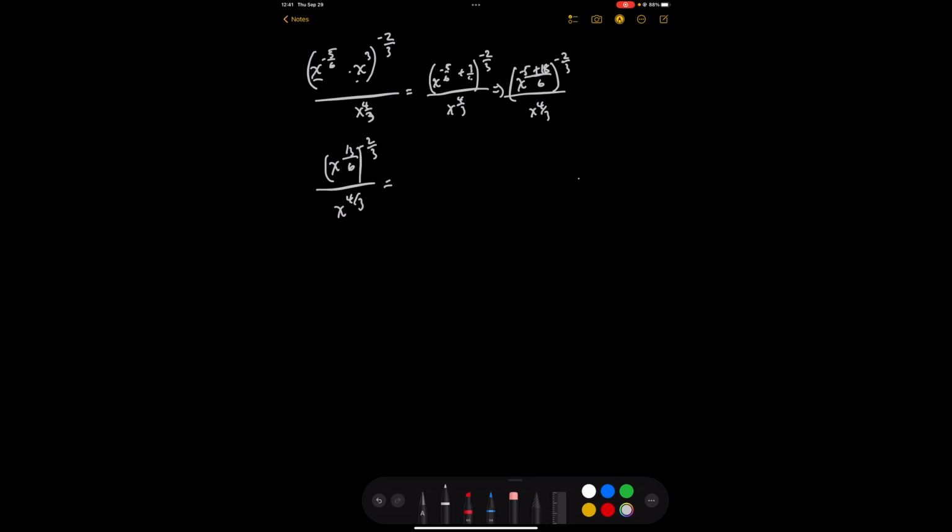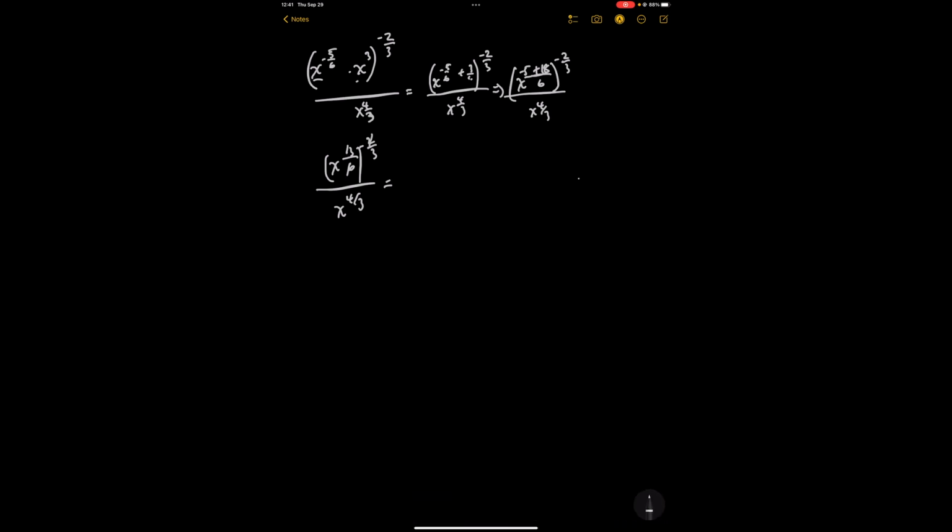So now we're going to do the power exponent. I can do 2 times 13 and 6 times 3, but I'm not going to do that. I'm going to simplify 2 and 6.